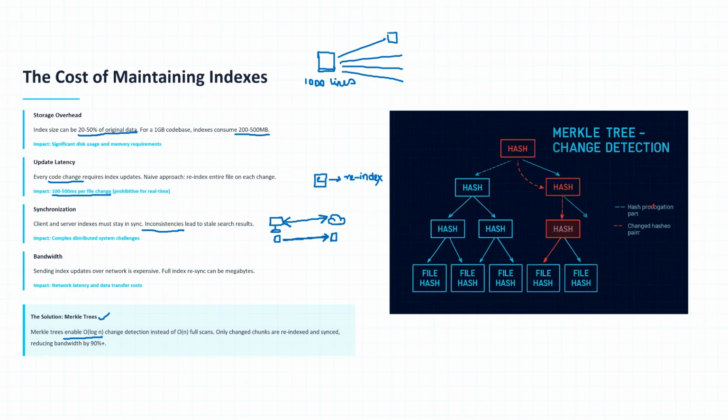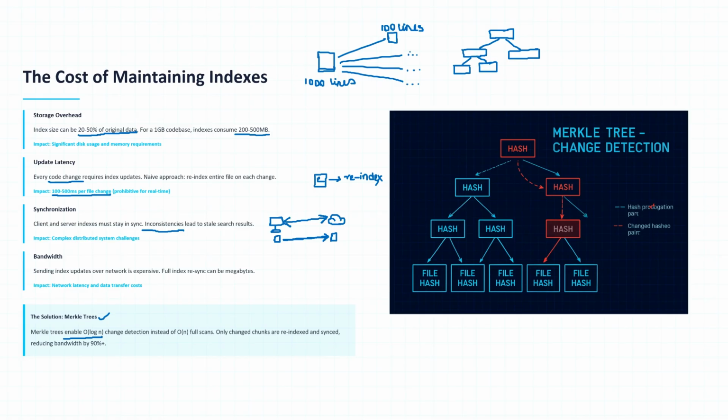Let's say I break it into 100 line chunks, right? And now each of these chunks represents a node inside of a Merkle tree. So basically, these chunks are firstly hashed and then they are stored inside of a Merkle tree, right?